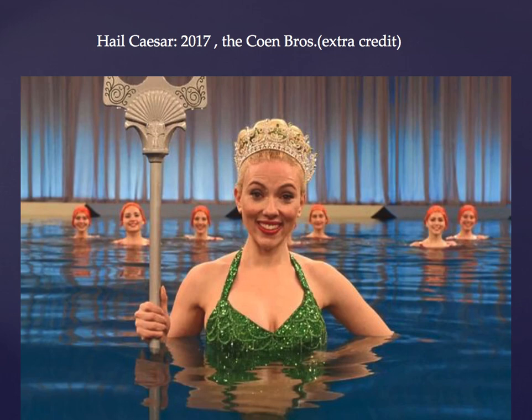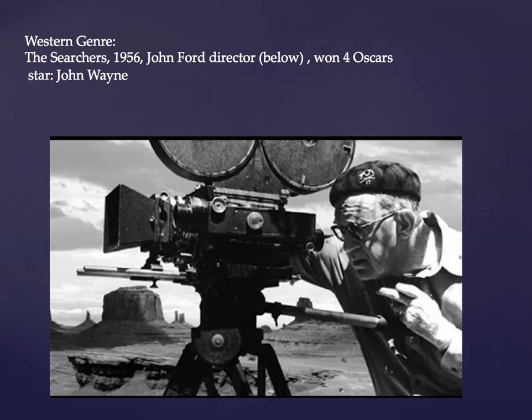So sticking with genres, from musicals I would move on to Westerns. And really the top Western of all time, lucky that it's in the 1950s, would be The Searchers. On many lists, The Searchers would be at the top. There's our director, John Ford. Below, he won 4 Oscars for directing, which is the record.